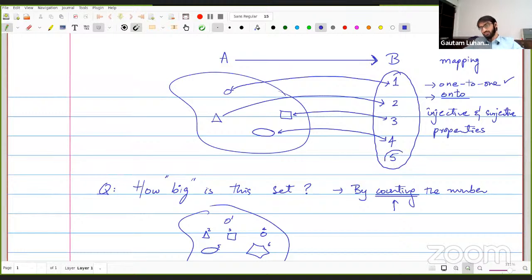But this number 5 clearly doesn't have a corresponding element on the left. And so now this mapping is no longer onto. So you can now get an intuitive sense that it's only one-to-one and onto if you always have the same number of elements. Otherwise, you don't have a one-to-one correspondence between the elements of the one set and the elements of the other set.